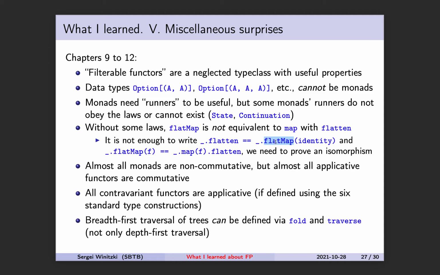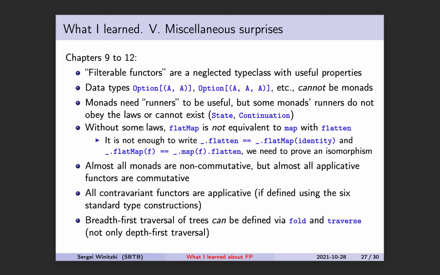But what you can prove is that if you assume additionally a naturality law for flat map, then you can prove that this is isomorphic. So actually it is not true that they're equivalent. Only flat map with a specific naturality law, it has two different laws, but you need one of them. Only that is equivalent to map with flatten.